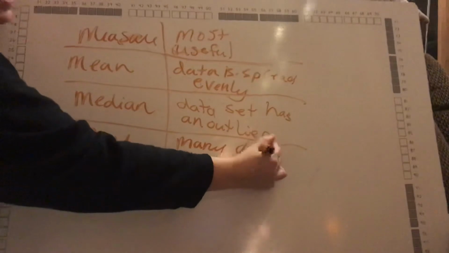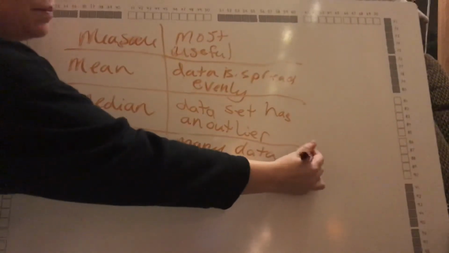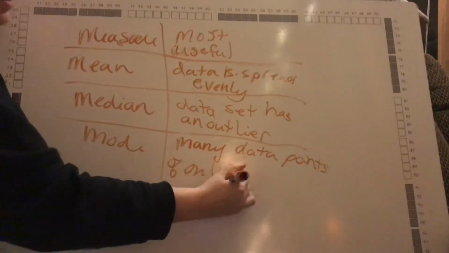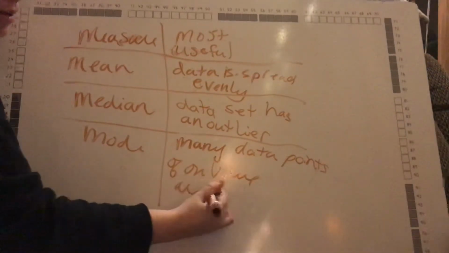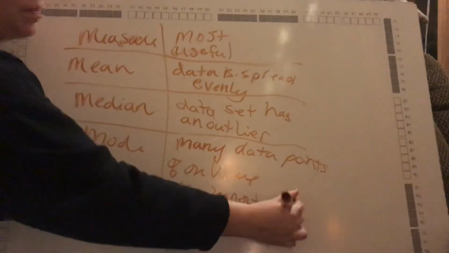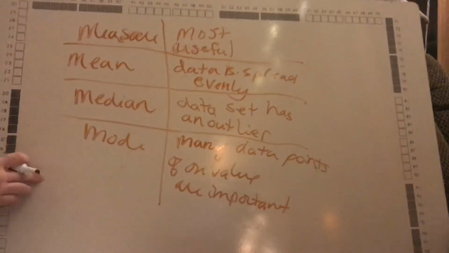Many data points of one value are important. Then you would use mode.